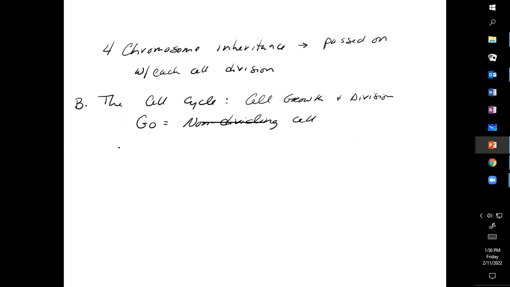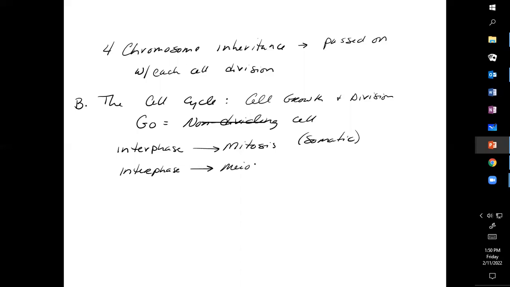And we can break the cell cycle down into two main categories, and I'll just give an overview of this first. There's the interphase, which is where the cells grow and where the DNA is replicated, followed by the division phase, which is mitosis in somatic cells. But in the formation of sex cells, you still have the interphase where the cells grow and the DNA is replicated, but that interphase is followed by a meiosis 1 and a meiosis 2.